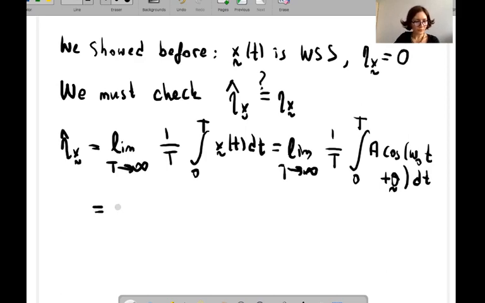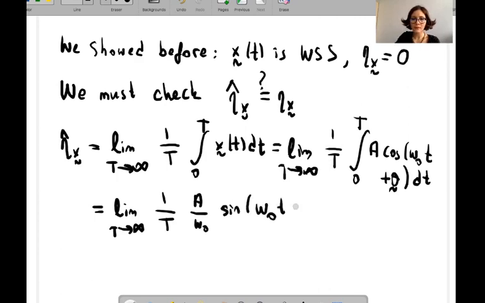If you evaluate the integral, again limit as T goes to infinity, 1 over T, the cosine will be integrated as sine, so it will go out as A over omega 0, because of the omega 0 t term in here: A over omega 0 sine of omega 0 t plus theta, between 0 and T.